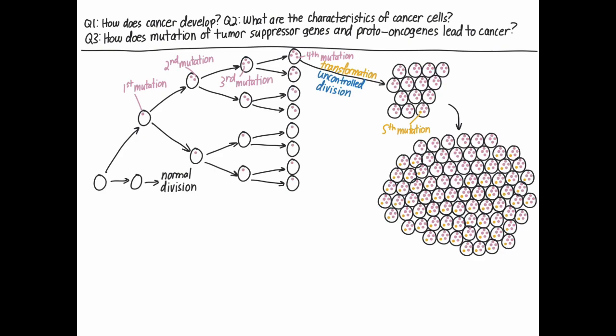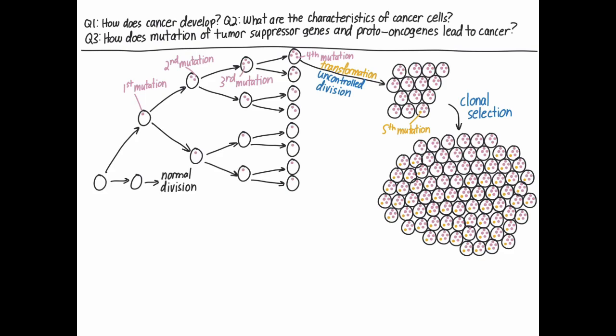This is known as clonal selection. Remember that clones are genetically identical cells. These cells, with the same 5 mutations, are clones of each other. The 5-mutation clone is selected for because it reproduces more quickly.